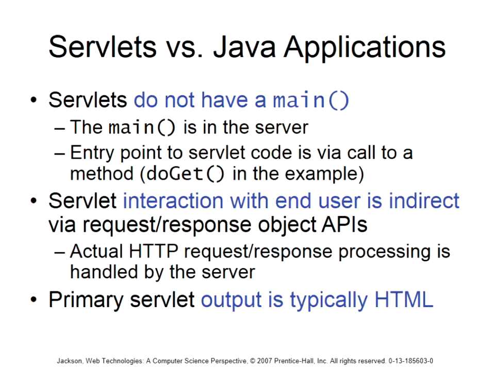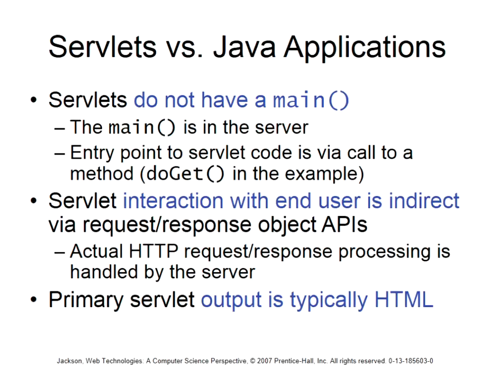Let's compare now the servlets versus Java applications. So the first difference is servlets do not have a main. The main is in the server, and the entry point to servlet code is via a call to a method.